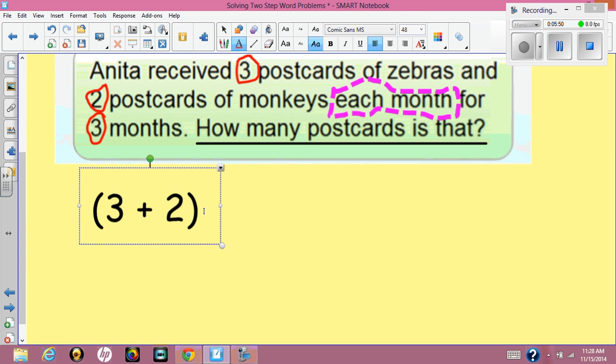We're going to multiply our first expression by this number 3. And I believe that gives us our equation, which is (3 + 2) × 3 equals, and because we're doing postcards, let's make our variable P.